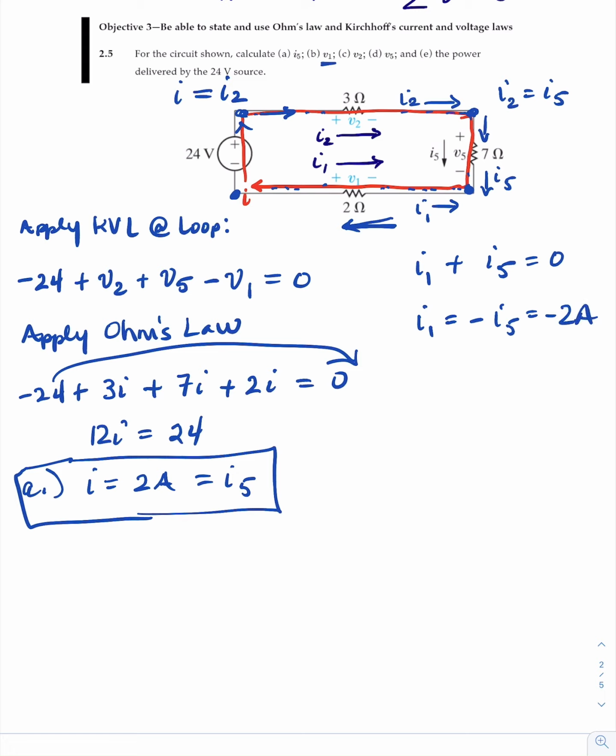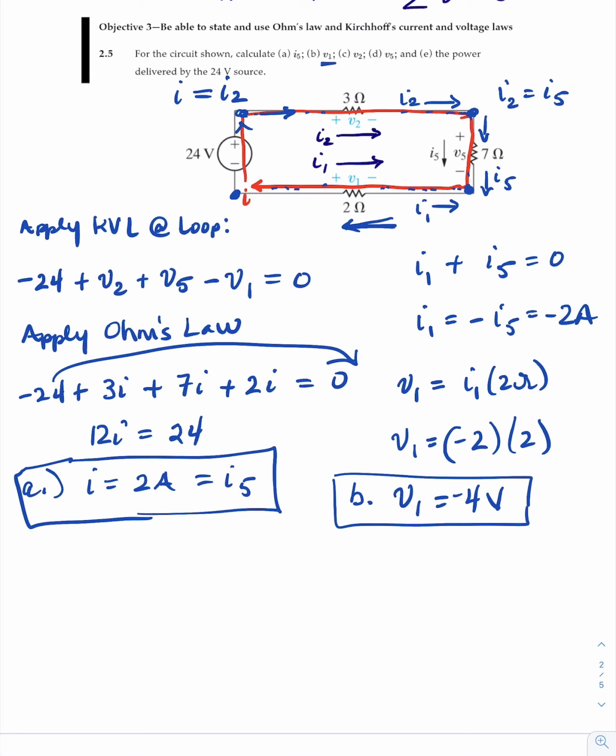There's 2 amps. Okay, so V1 is equal to I sub 1 times 2 ohms. And V1 is equal to minus 2 times 2. V1 is equal to minus 4 volts. All right, so that is B.